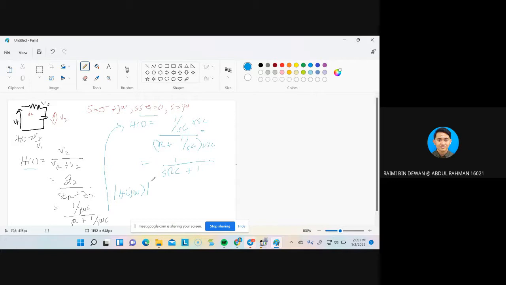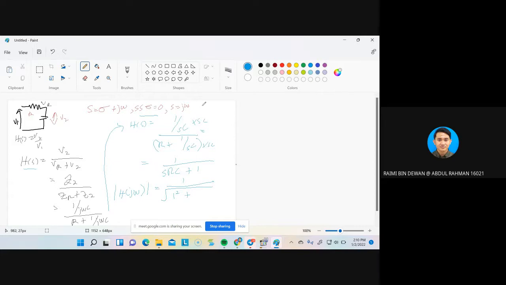So now if you want to see the magnitude, the magnitude is 1 squared, then you have the j omega.